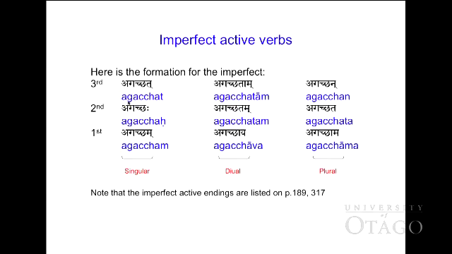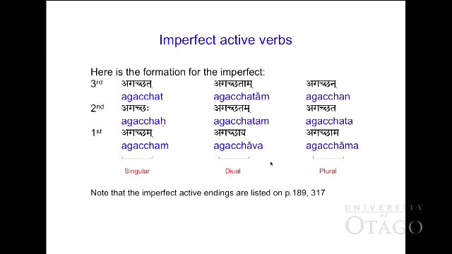See from this chart, it is akachat, akachatam, akachan, akachaha, akachatam, akachata, akacham, akachava, akachama, or you can memorize by the endings t, tam, an, aha, tam, ta, am, va, ma. This is imperfect active verbs.